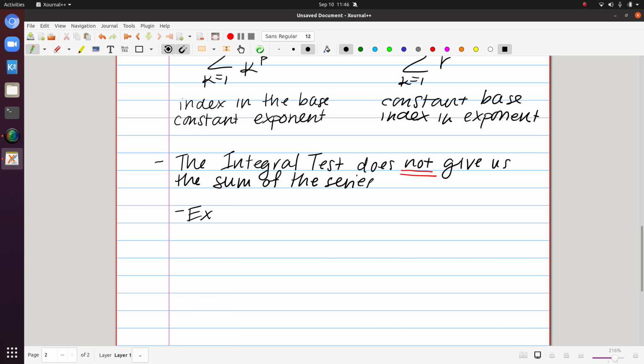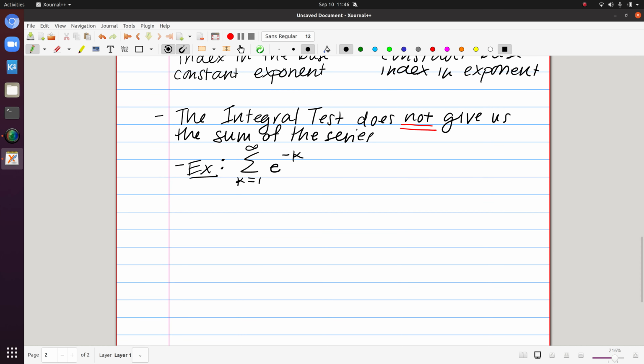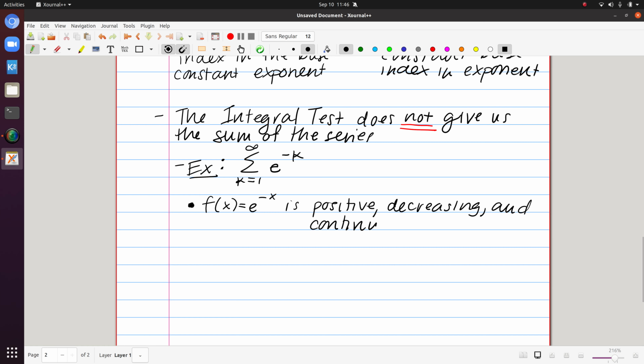To better convince ourselves of that, we can look at a particular example. If I have the sum from 1 to infinity of e to the minus k, importantly, the function f of x equals e to the minus x is positive, decreasing, and continuous, meaning that we could apply the integral test here.